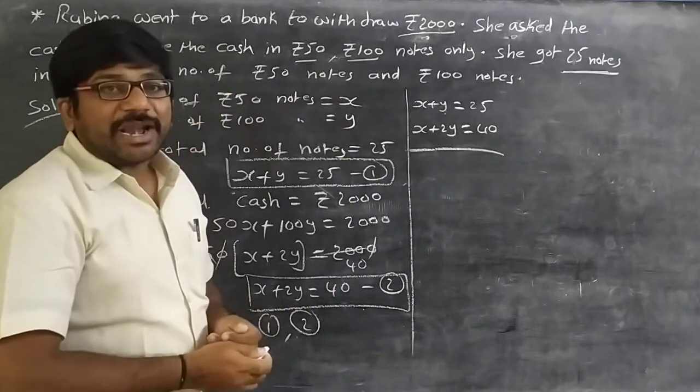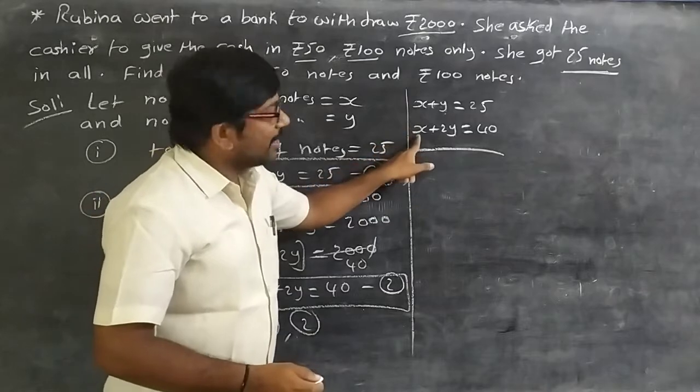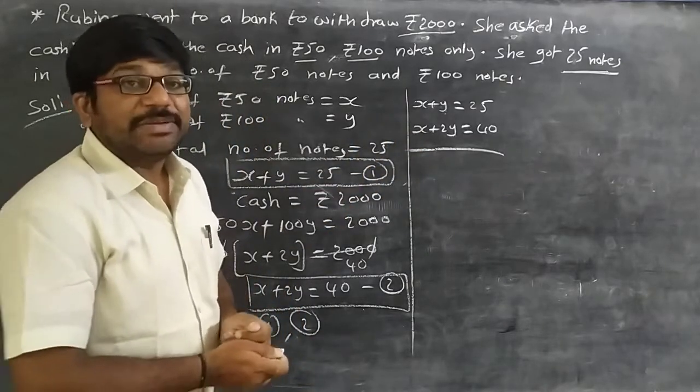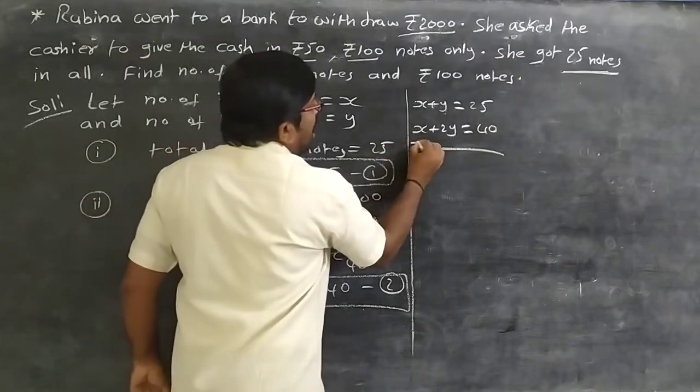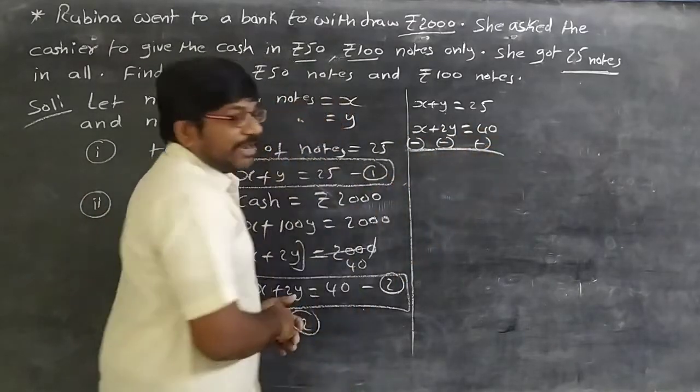So now subtract or addition. Now subtract this equation from this equation. In subtraction we have to change the symbols. Here plus means minus, plus means minus, plus means minus, right?